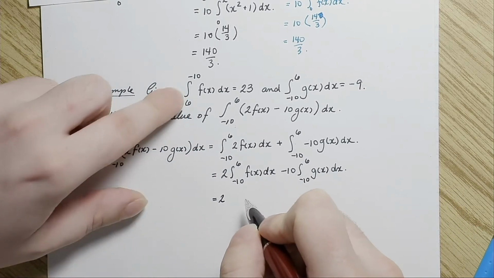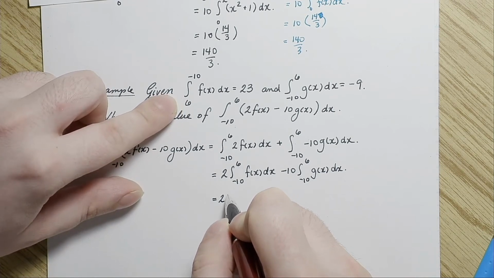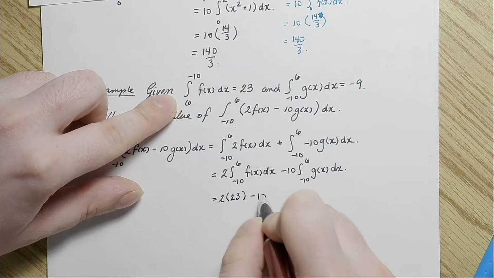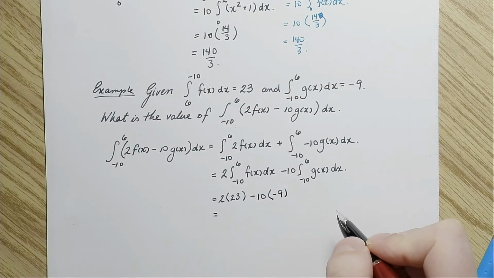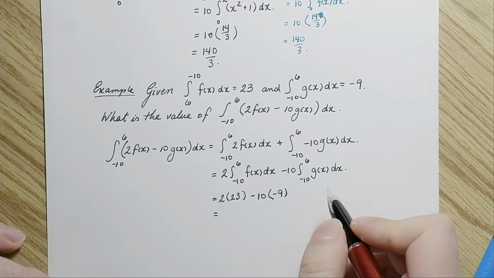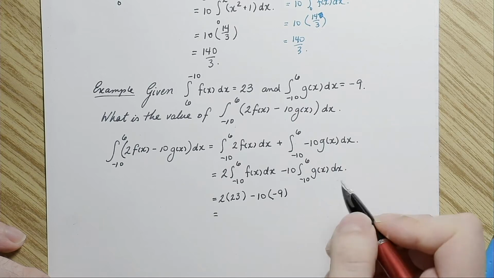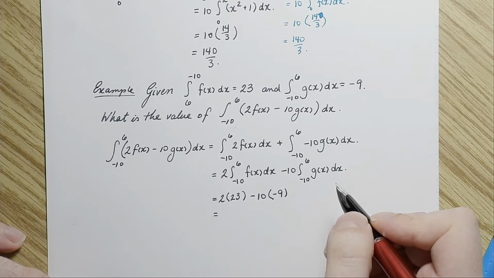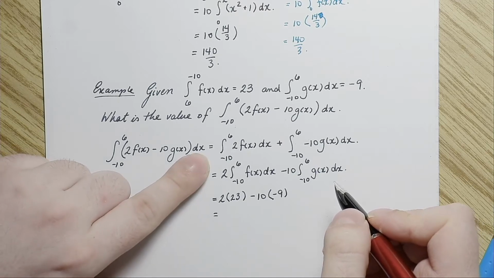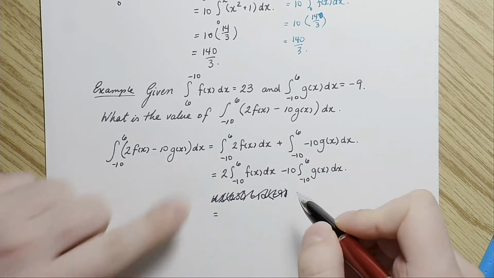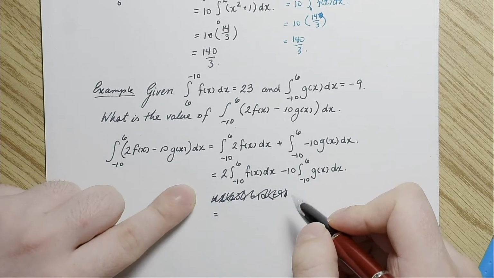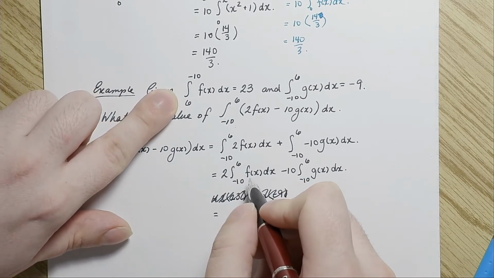So 2 times 23 minus 10 times minus 9. Oh, I can't do it yet, because I haven't replaced this yet.